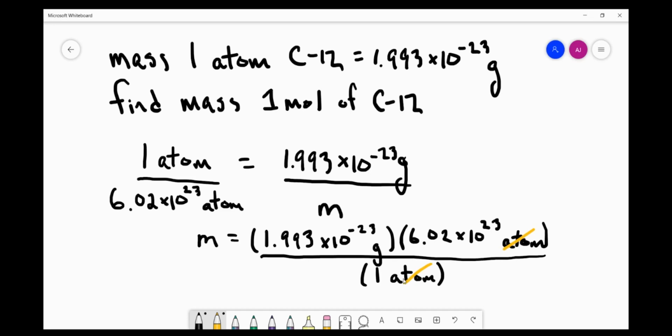I cancel those units there, so I'm going to end up with a mass in grams. So essentially the operation here is multiplying the mass of one atom by Avogadro's constant. And when you multiply those together, I'm just going to round this for the sake of simplicity. We end up with 12 grams. I know you'll get a value slightly under, but for the sake of simplicity, I'm just going to round that to 12.